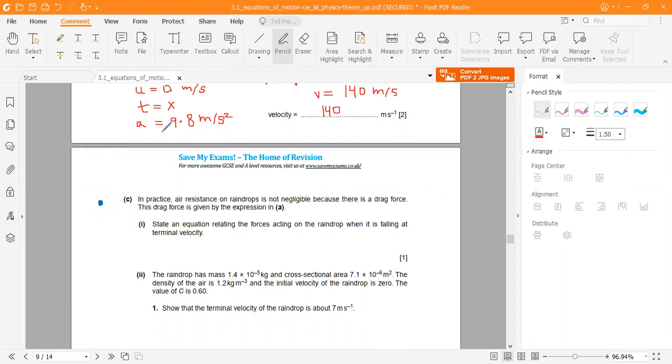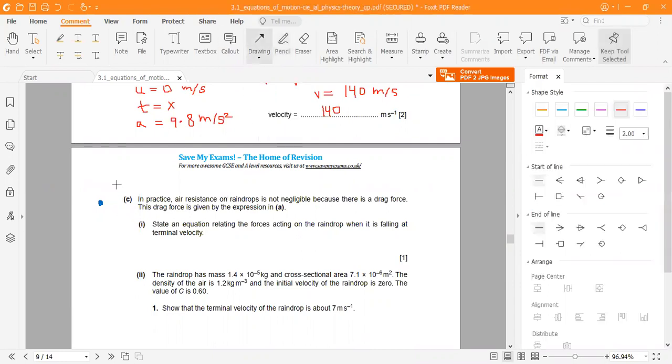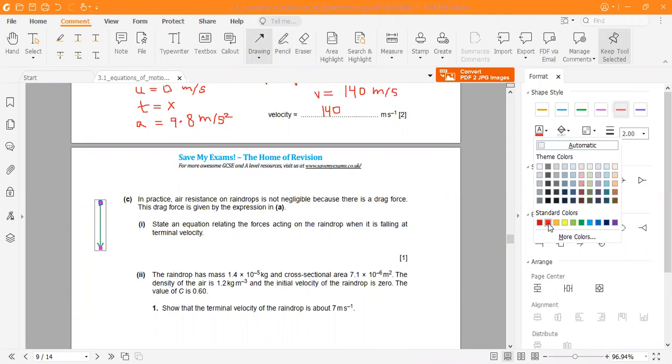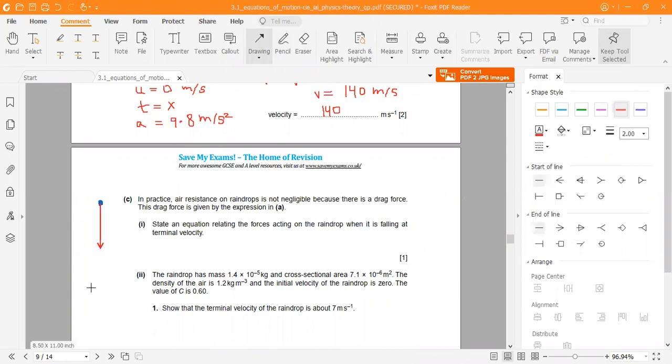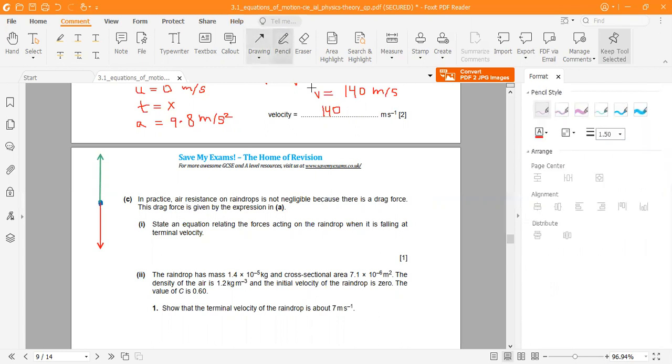Firstly, there is gravity that is pulling it downwards. That's the first thing. Then we have this drag force that is basically opposing the motion. All drag force does is oppose the motion. So drag force is basically pushing it upwards.